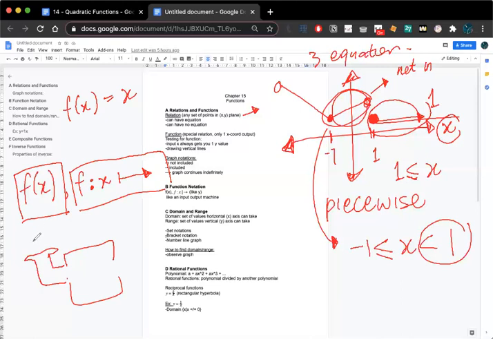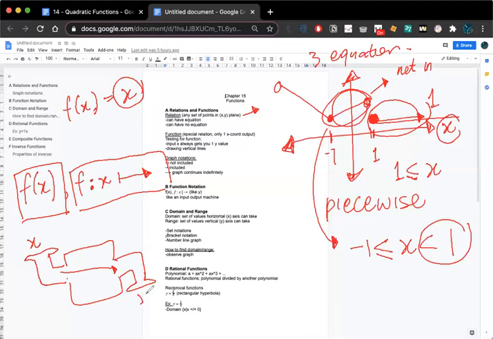Let's just say this is the input. So the input is x. And then after inputting x, it goes into a process where something happens depending on the equation.